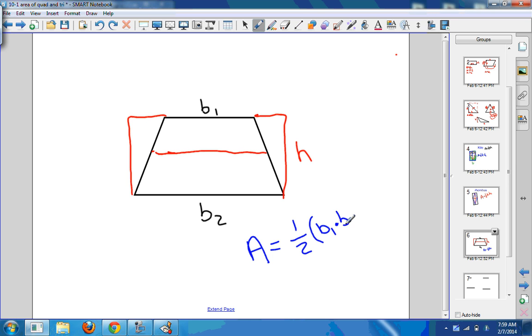So this 1/2 times base 1 plus base 2 is the average of these two bases. We're going to take the average of our bases and then multiply it by our height, and that'll give us the area of any trapezoid.